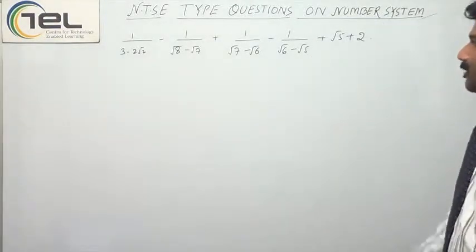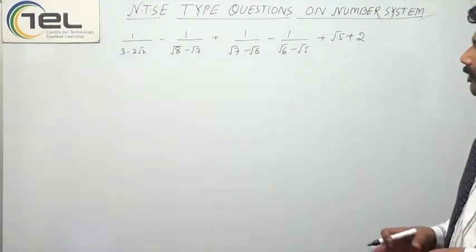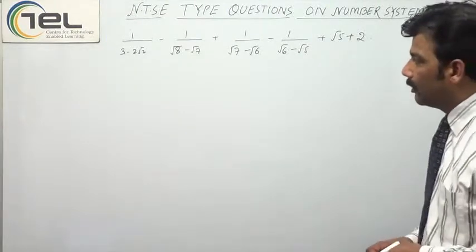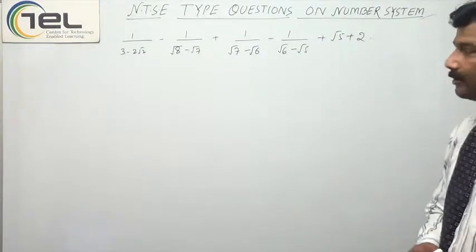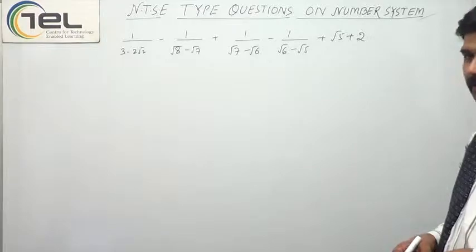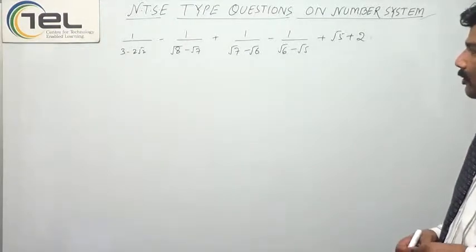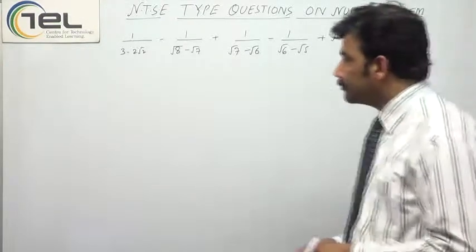This is a subjective type question. I am not giving any option to you. So what will be the answer? Again the same thing, we have to rationalize them. So how to rationalize?